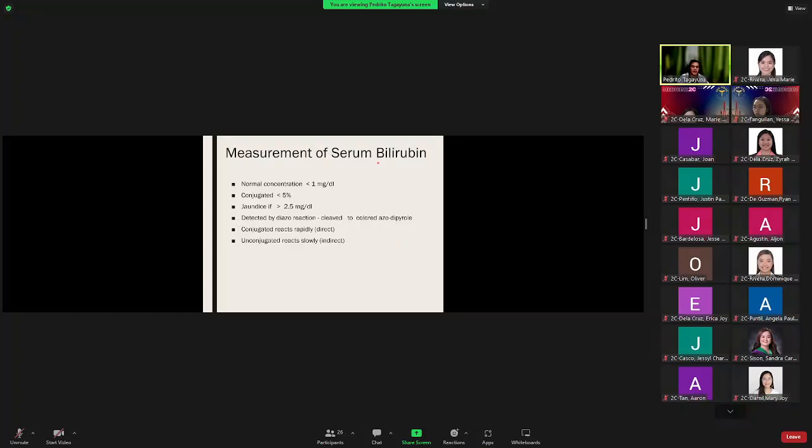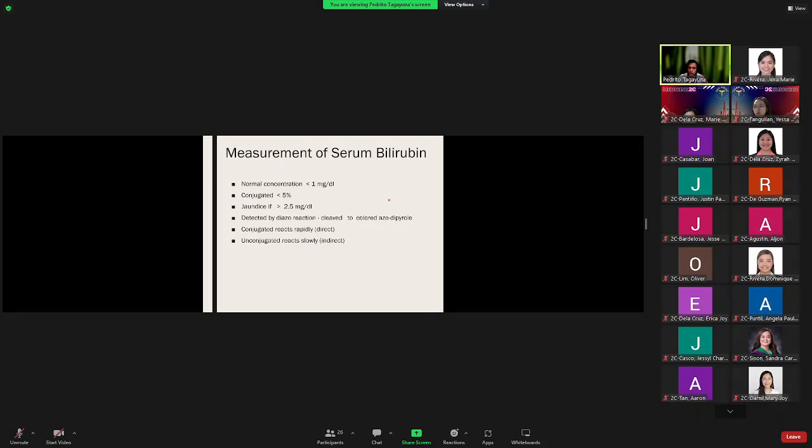Now, there are values here, the normal concentration and those that will result in jaundice. You don't need to memorize that. What I'm just trying to say is that once levels increase, you start to see jaundice. Bilirubin is tested through the diazotization reaction, which involves the reaction of bilirubin with the diazo reagent.